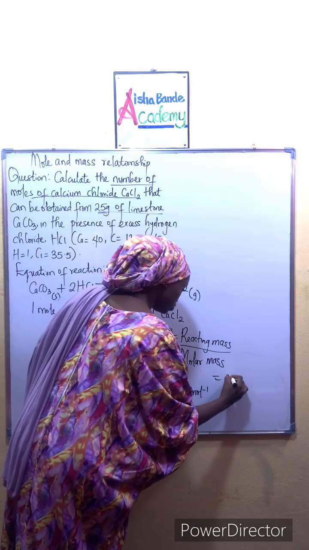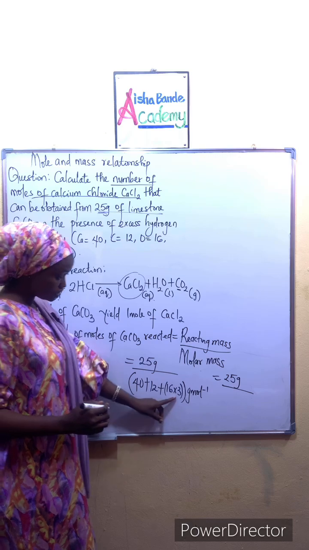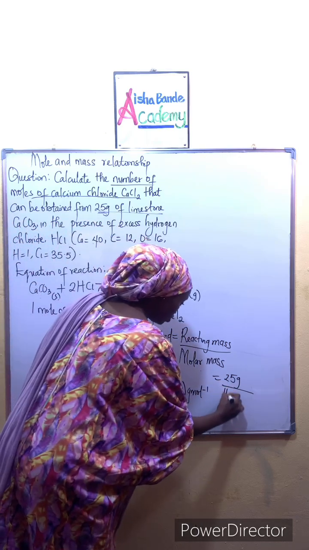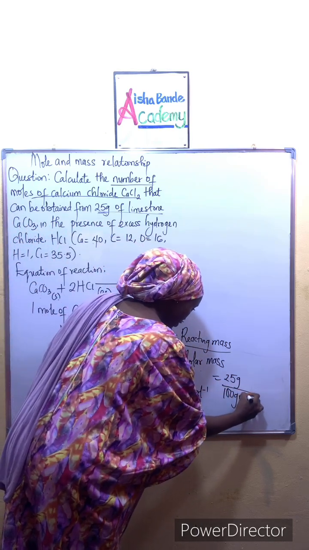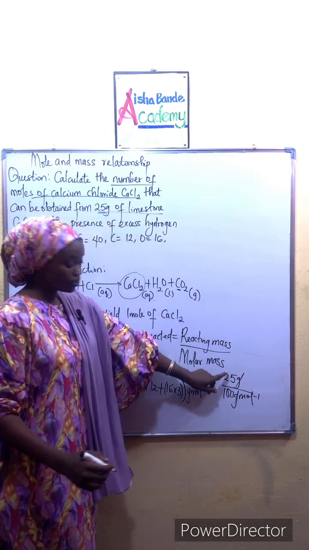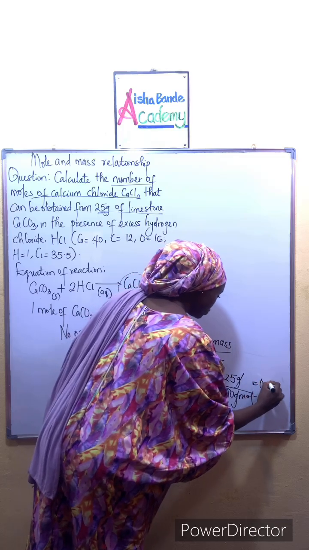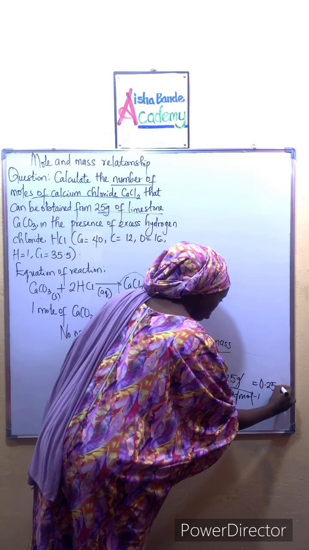This is equals to 25 grams all over, we will take the sum of these whole numbers. We're going to have a value of 100. So this is 100 gram per mole. Okay, so here we can see grams cancel gram, and we are left with 25 over 100, and that's going to give us a value of 0.25 mole.